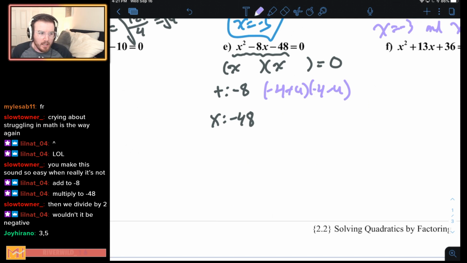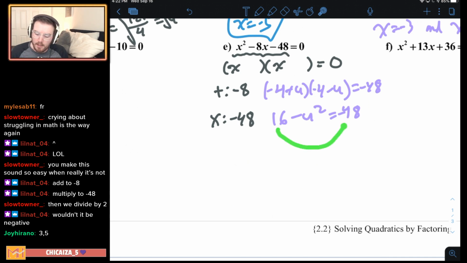All right, so enough dwelling on that. And so those are the two numbers. They add to negative 8, and they need to multiply to be negative 48. And that's where the equation that we're solving comes from. So negative 4 times negative 4 is 16, and u times negative u is negative u squared. Remember, that middle term is always just canceling out, so I'm not even going to bother writing it, equals negative 48. And then I add the u squared.